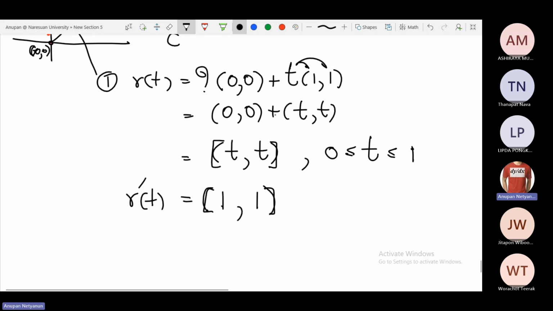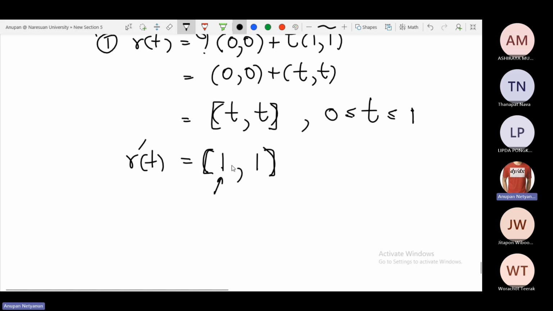Okay. And this is the x component in terms of t, right? Oh, sorry. This is r prime t. But your r(t) is this one. And this is the x component of your r(t), and this is your y component of your r(t), which is on the curve.